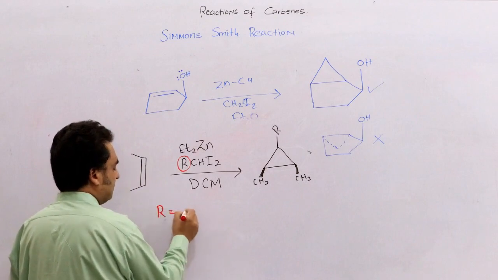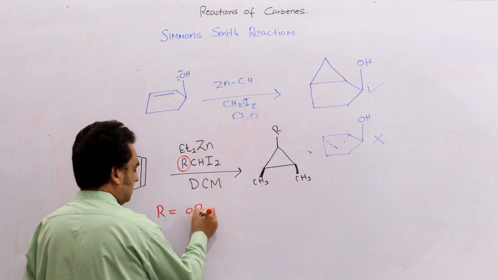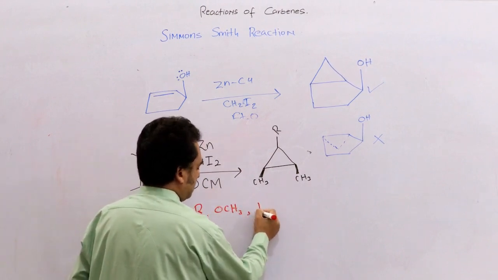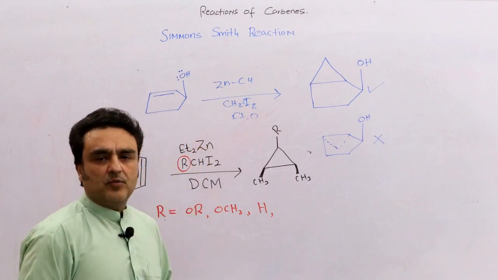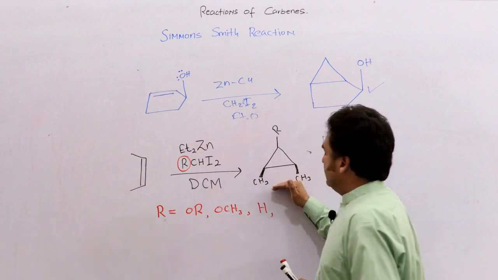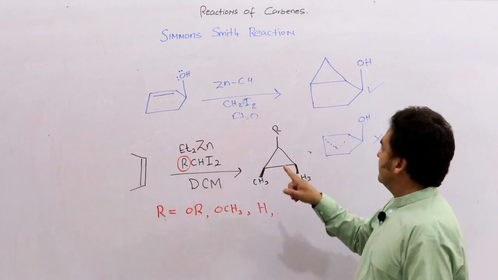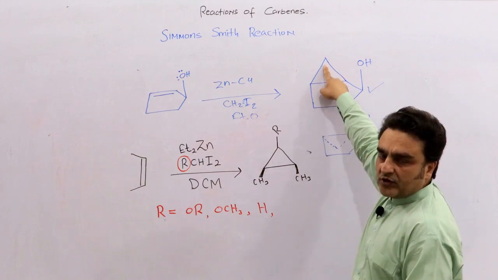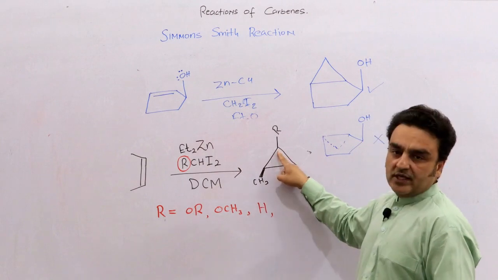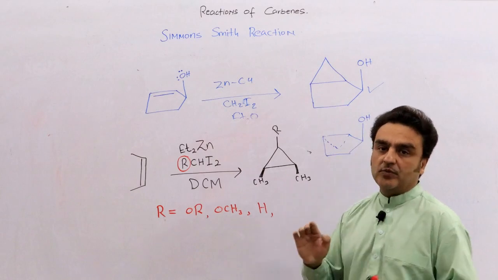R could be OR, OCH3, hydrogen, a carboxylic acid, or any other thing. So it is the same reaction as the Simmons-Smith reaction, where you construct a cyclopropane ring, but here you can also have substitution on the cyclopropane ring.